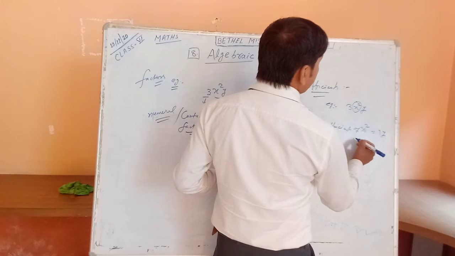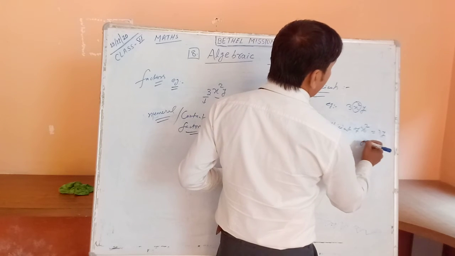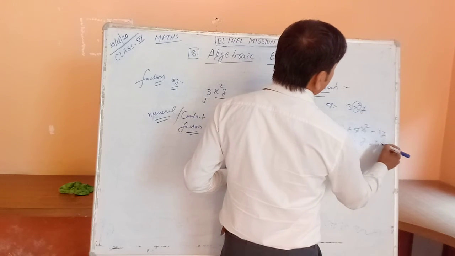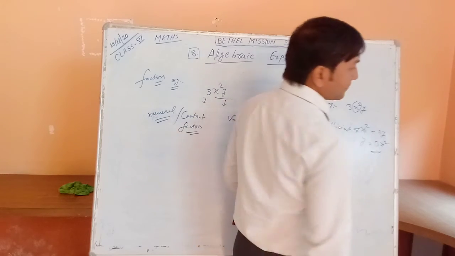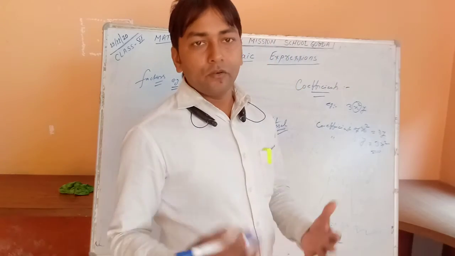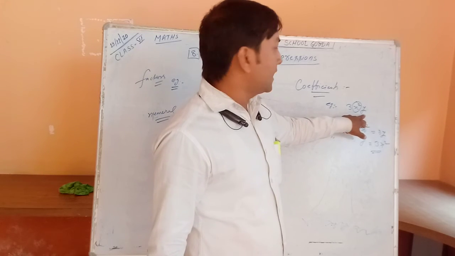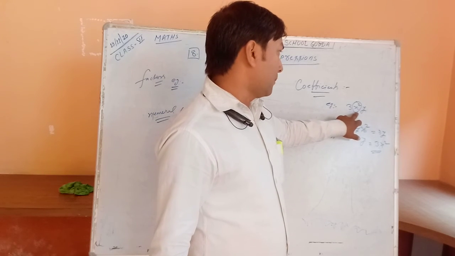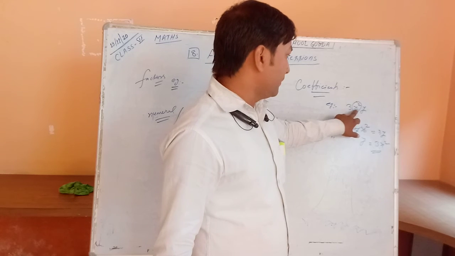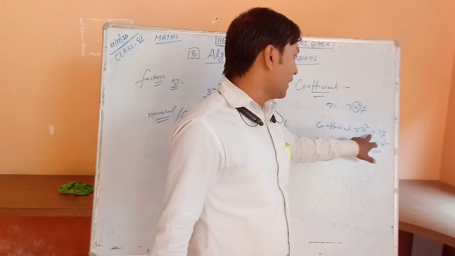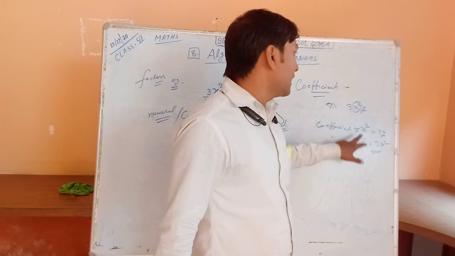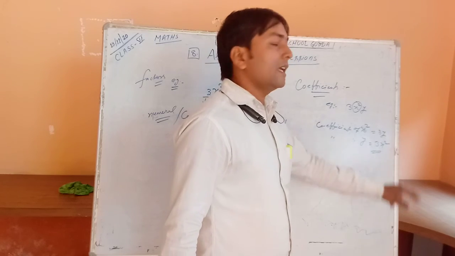And coefficient of y is 3x square. When you are asked to write the coefficient of y, what is that? 3x square. Or coefficient of x square, that is 3y.